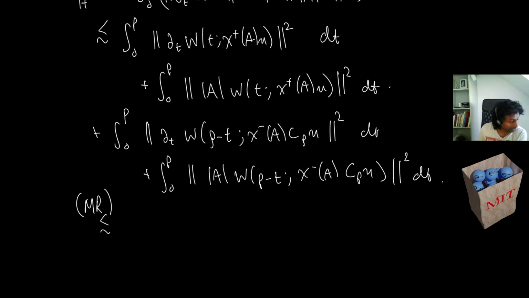Okay, so what maximal regularity then gives us is the following. It gives us the integral 0 to rho of chi plus of A of U squared. So that's from the first term, dt, right? So there's a ut here now, right? So chi plus gets applied to each ut, squared dt.